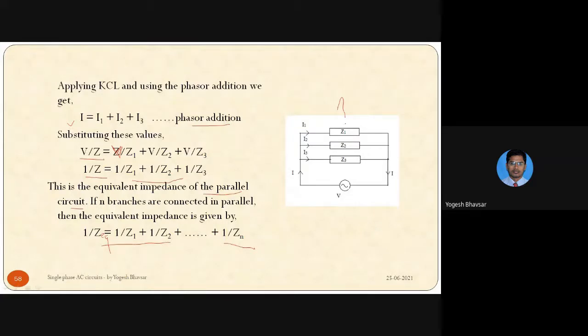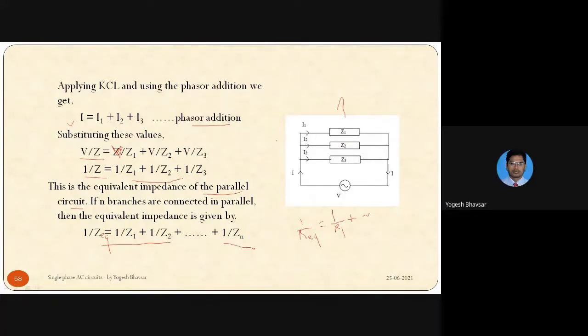If you observe this, it is very similar to resistances connected in parallel, right? So we can have 1 by R equivalent equal to 1 by R1 plus 1 by R2 plus 1 by R3, and so on, plus 1 by Rn.